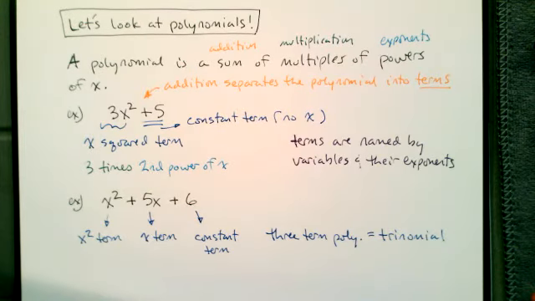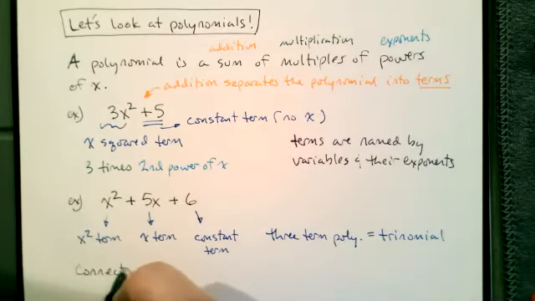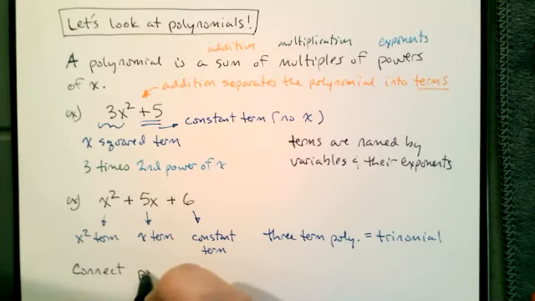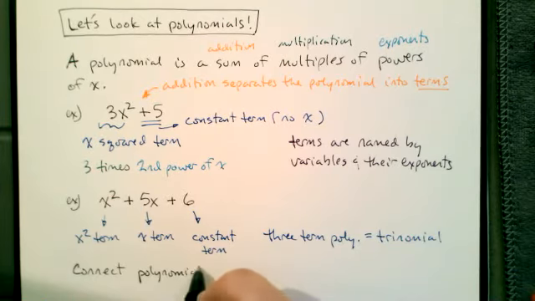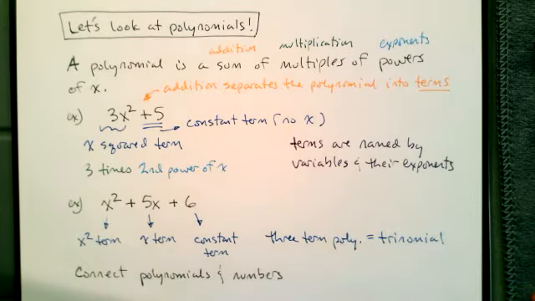Here's how we want to look at polynomials. We want to think of polynomials just like numbers. The terms of a polynomial correspond to the digits of a number. So we want to connect polynomials and numbers.